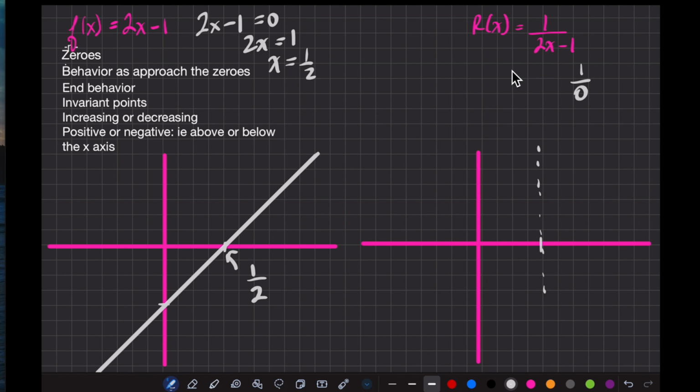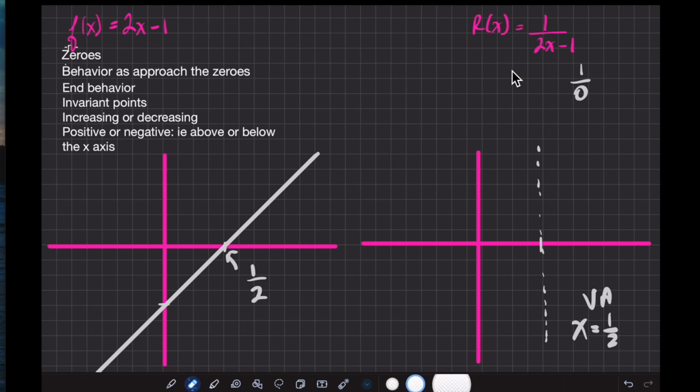So let's go ahead and put that vertical asymptote, x equals 1/2, on the reciprocal function. Okay, the next thing we're going to do is look at the behavior of the original graph as the graph approaches the zeros. Okay, so here's our 0.